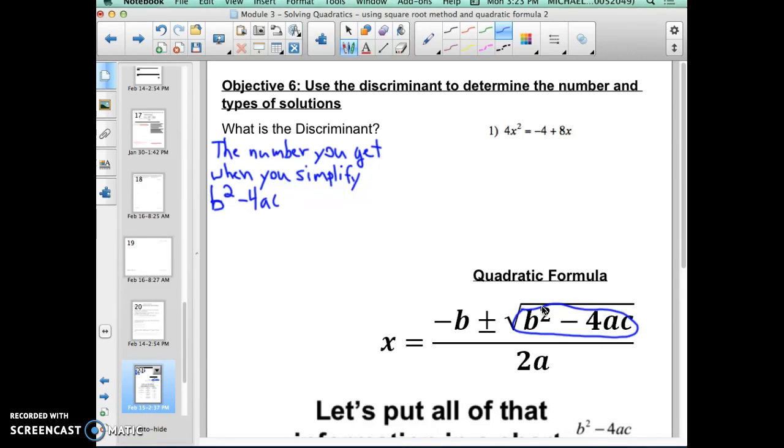So whatever number you get, that is considered to be the discriminant, and that'll tell you how many and what types of solutions you will have. So let's do example 1.